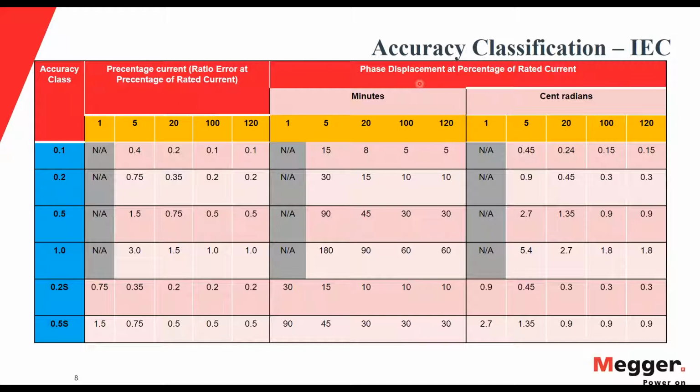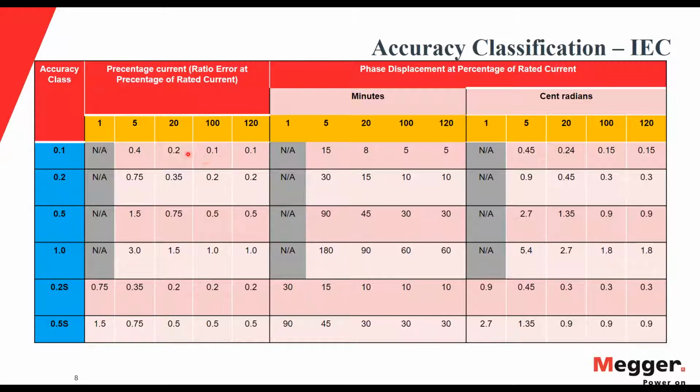And so that's why the standard also defines a maximum error for each classification. So for example, I have a 0.1% accuracy class. At 100% of my rated current, my expected error should be plus or minus 0.1.